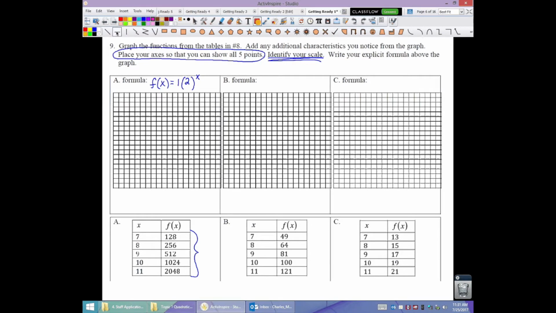There are 20 boxes, 20 tall and 20 wide, I believe, 2, 4, 6, 8. Yes, 20. So if I have 20 boxes to get myself to 2,048, I just can't quite count by 100s. It won't make it. But if I do by 150 or 200s, I can definitely make it.